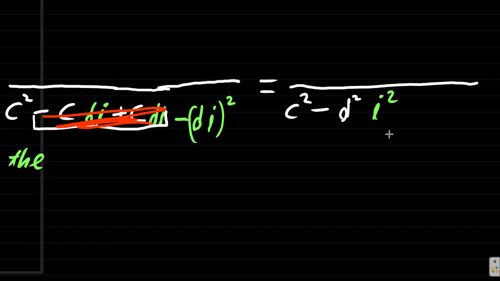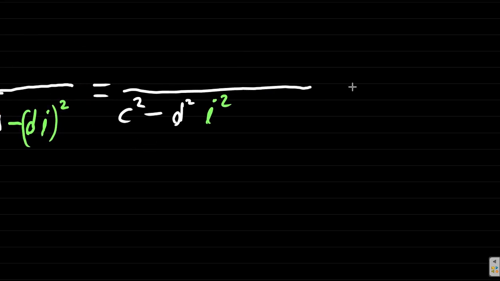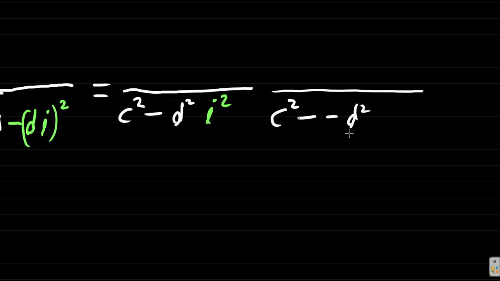See that? But here, the C squared part, you no longer have an I because this I squared is negative 1. So you have C squared minus negative D squared, so it's C squared plus D squared.